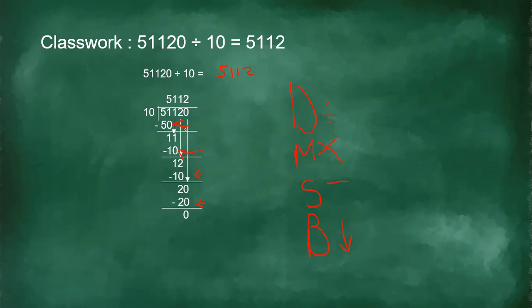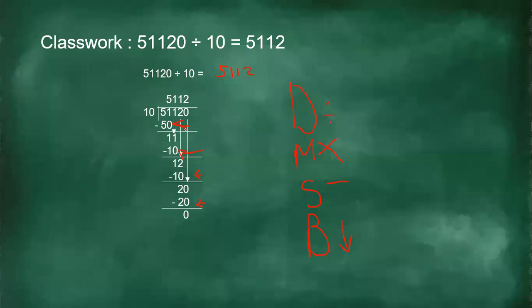So always remember that you are subtracting multiples of your divisor always. When you're subtracting something, you're subtracting a multiple. What is a multiple? When you count in tens, these are the numbers that you meet.